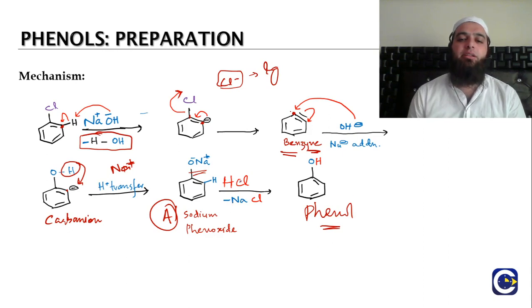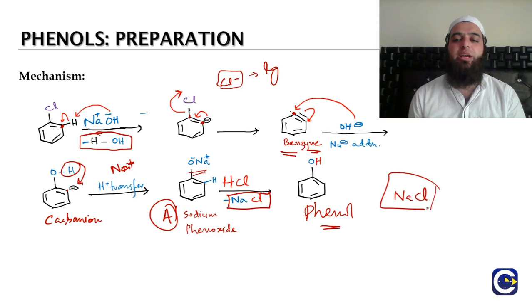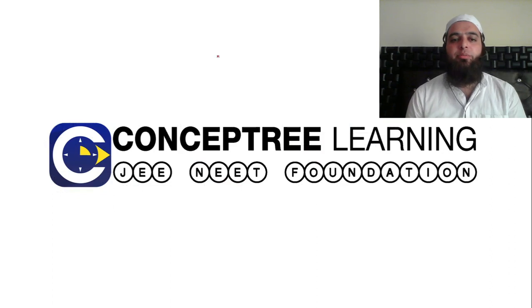The chlorine and sodium come out as sodium chloride, NaCl, as a byproduct, and the main product of the reaction is the phenol. So this is a simple reaction mechanism that we have shown here. In the upcoming videos we'll be discussing the other methods of preparation of phenols, and we will also discuss the reaction mechanism of all the reactions.